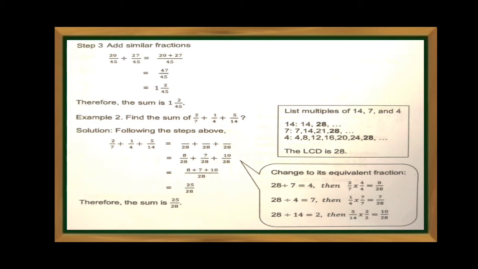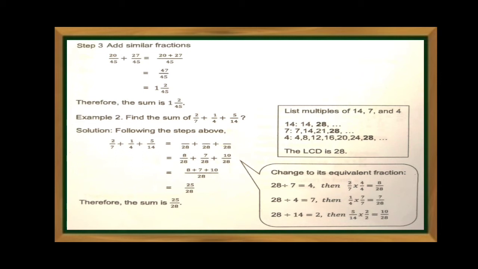Since it is an improper fraction, we need to get its lowest term. So the correct answer is 1 and 2/45. So therefore, the sum is 1 and 2/45.